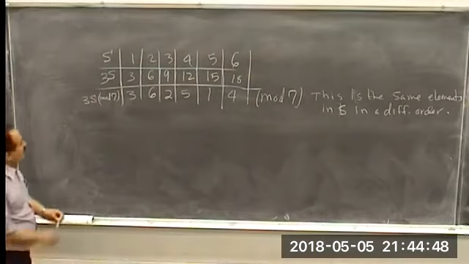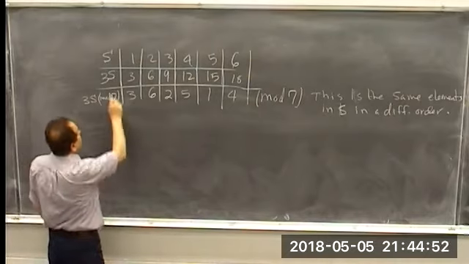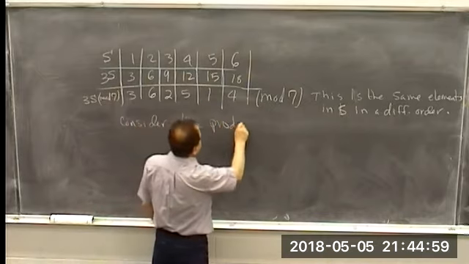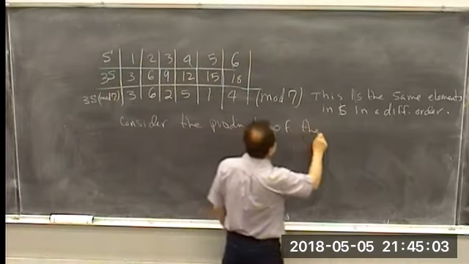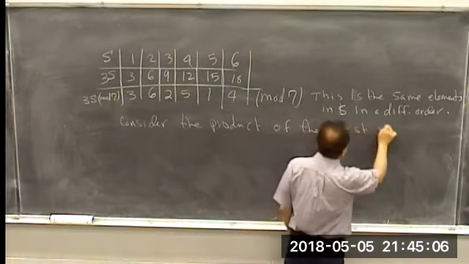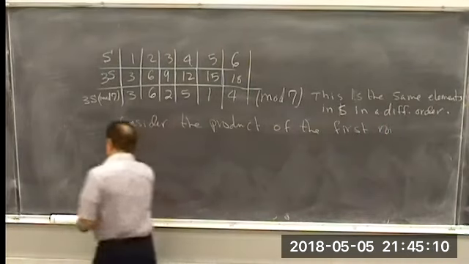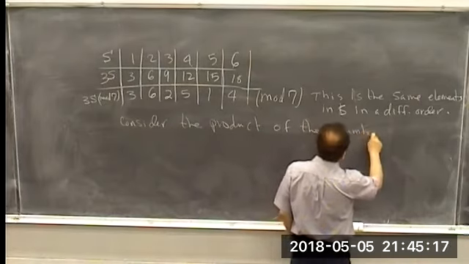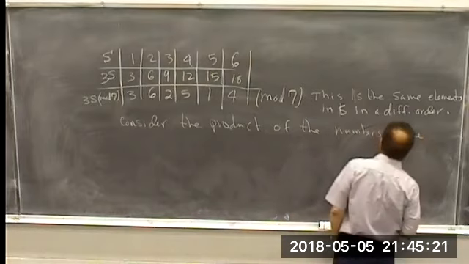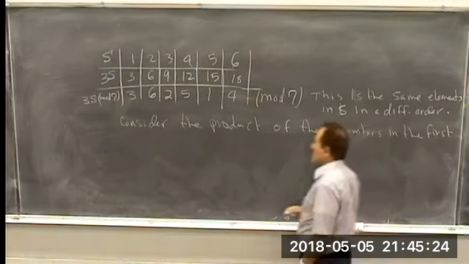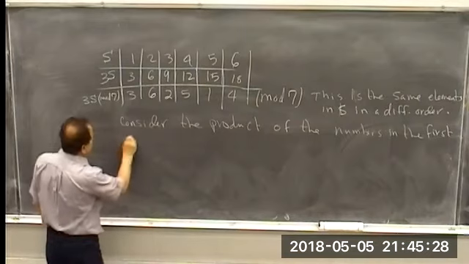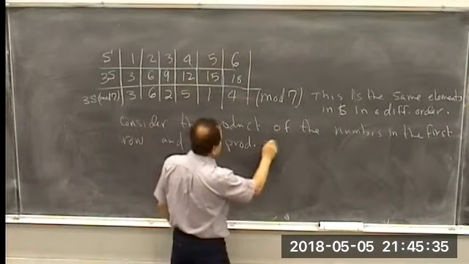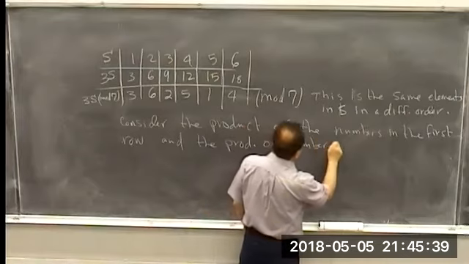Okay, so we're going to multiply. So we're going to consider the product of the elements in the first row, the product of the numbers in the first row, and the product of numbers in the second row.